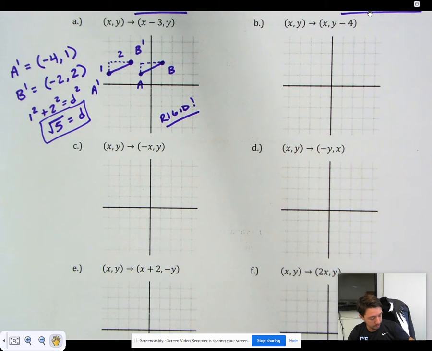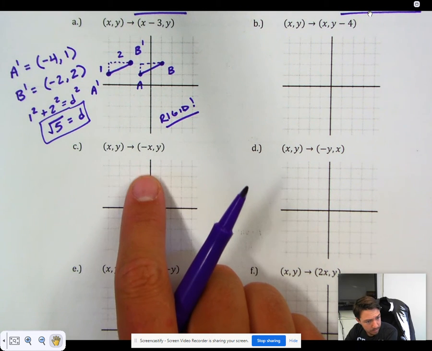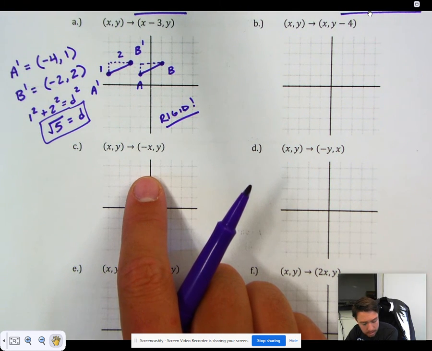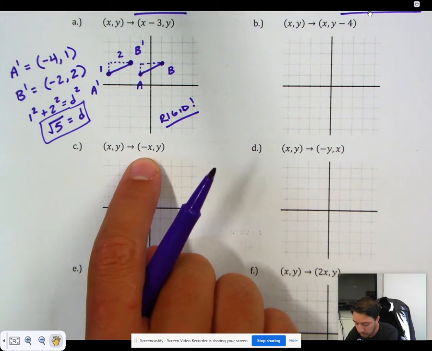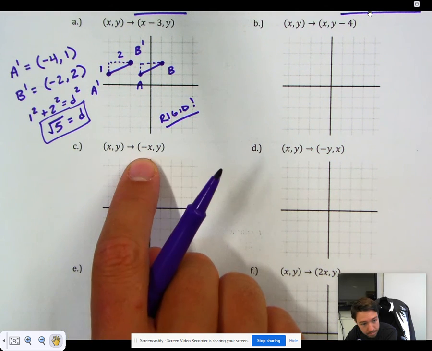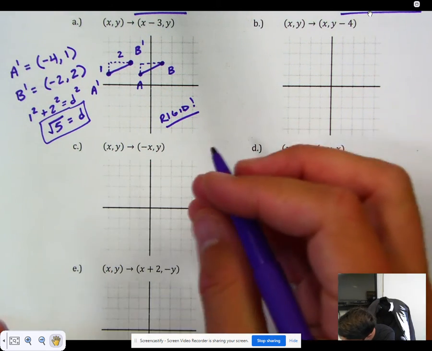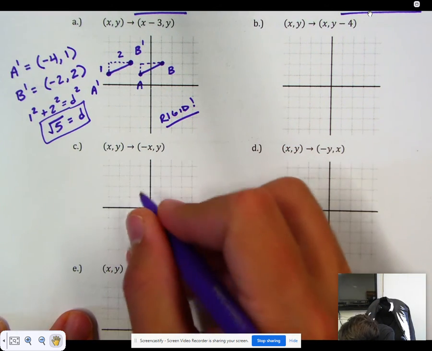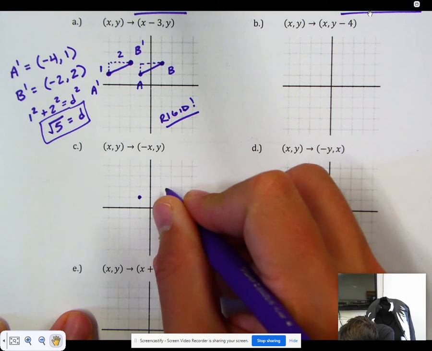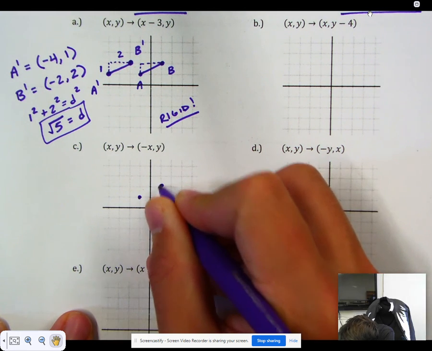All right, what does this one do? This one says take the opposite of your x value and then keep your y value unchanged. So what's that going to do? Well, again, here's my A, B, my original segment, sorry.